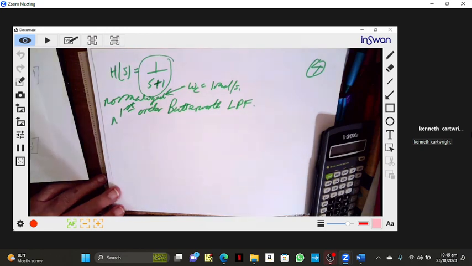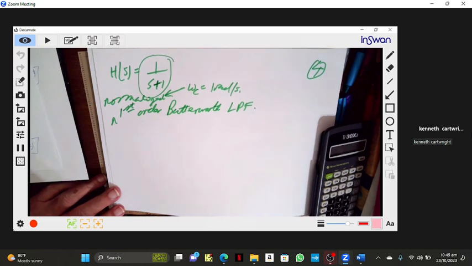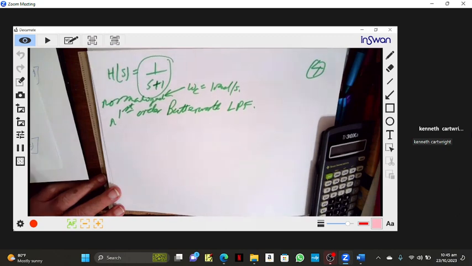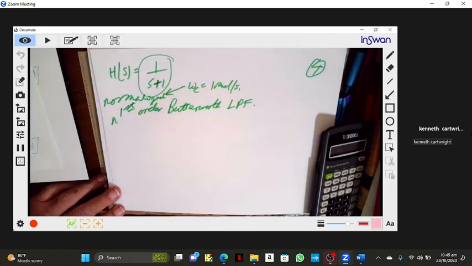Here we are in our graduating class, and we don't remember this Butterworth. We eventually remembered that it was a low pass filter. That was good. None of us remember it as Butterworth. None of us remember it as normalized.